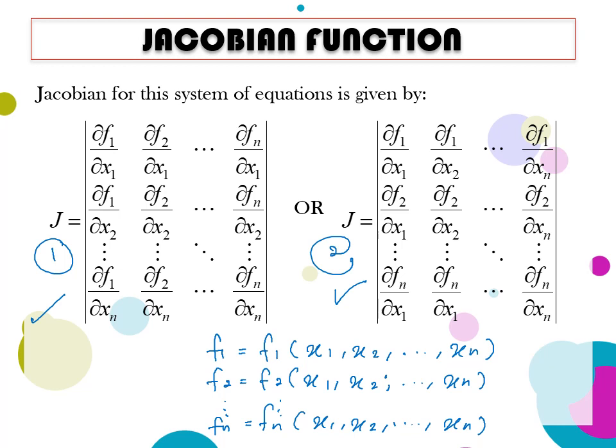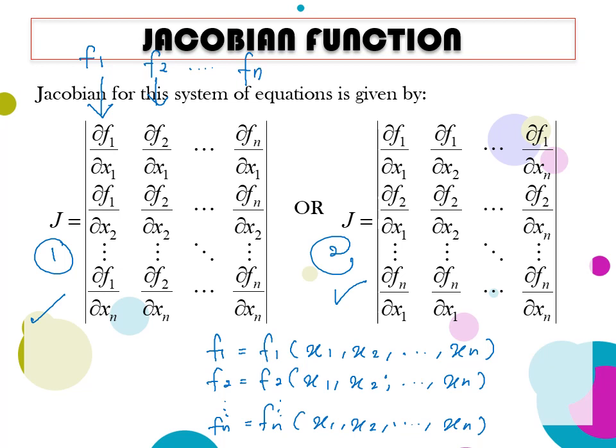The first one here, you get this formula when you treat your column for f1. So you arrange the first column for f1, the second column for f2, until the last column will be your fn.